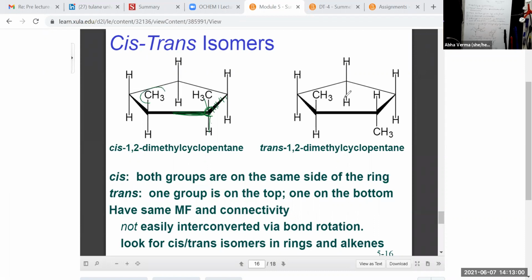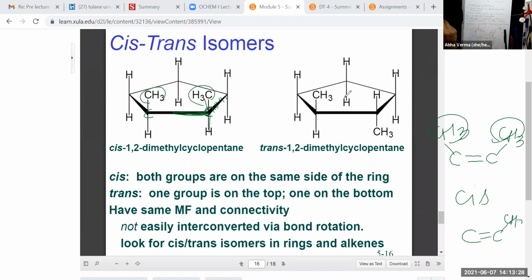So if you look, both your bulky groups on these carbons are on the same side, just like when you have an alkene and both priority groups are on the same side. We call them cis if the priority groups are exactly the same. But if priority groups are not the same on the alkene, what do we call them then?